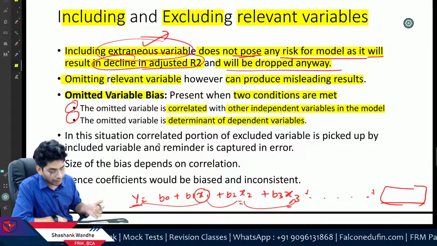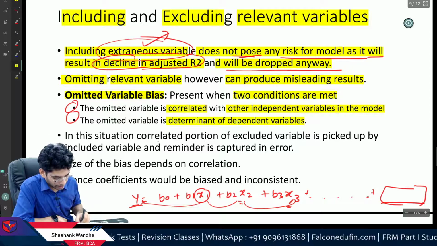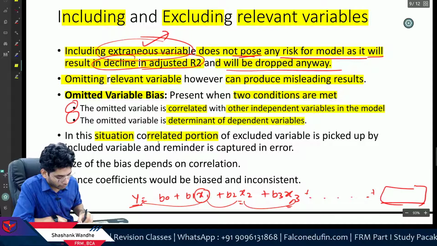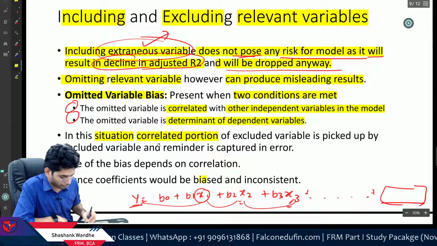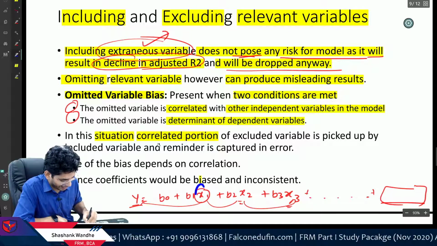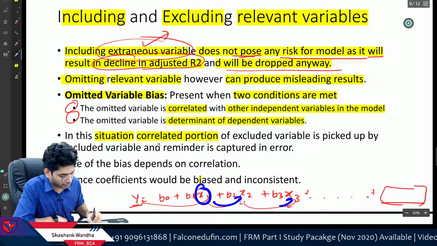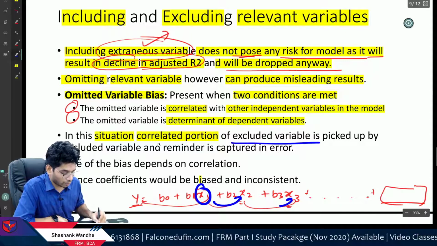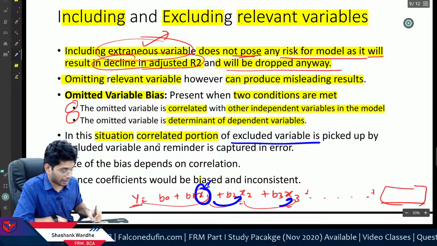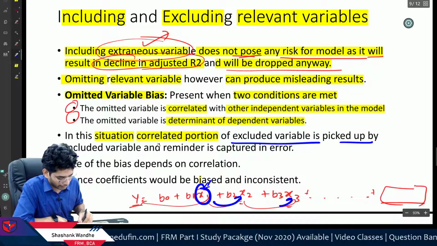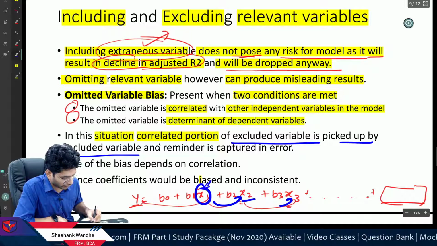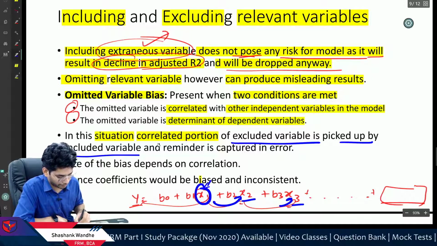Now if this is the situation, where you are omitting the variable, there will be a problem. The portion of the excluded variable x1 that is correlated with x2 or x3 will be picked up by these included variables, x2 and x3.